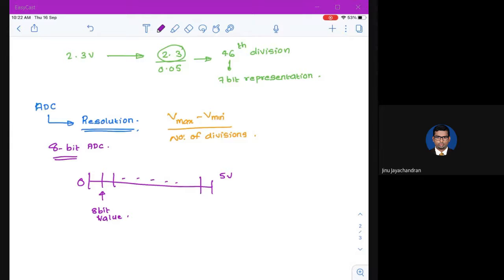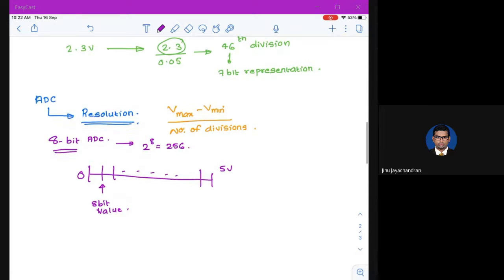The answer is, the higher the number of bits, the better the resolution is, or the smaller the resolution is. So for an 8-bit ADC, 8 bits means you can represent 2 raised to 8, 256 values. So this is also the number of divisions.